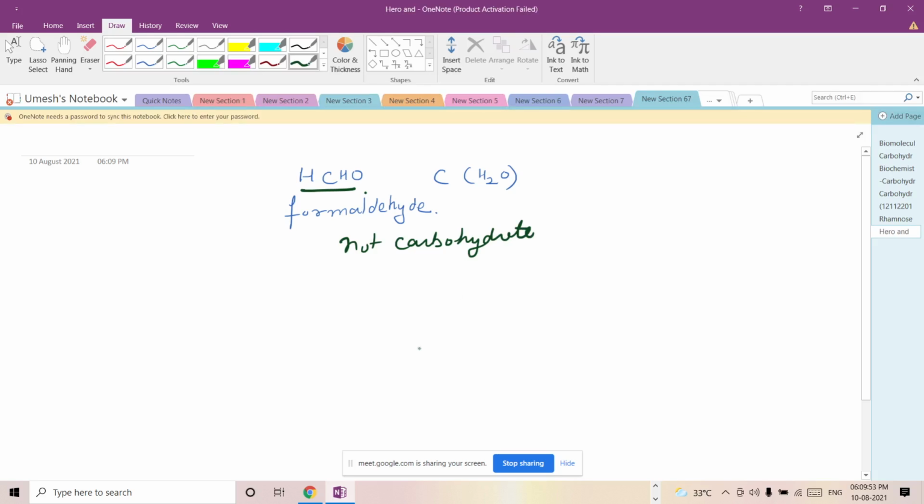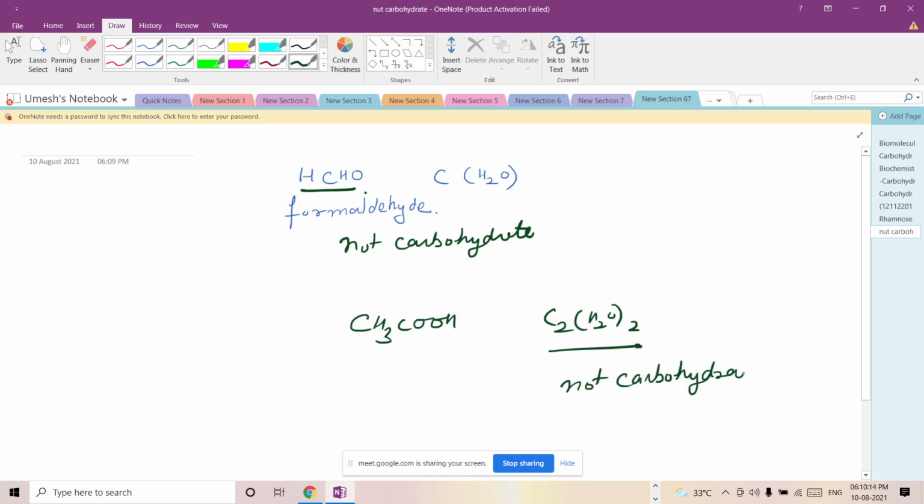Even though it fits into the definition, it is not a carbohydrate. Similarly, we have acetic acid, CH3COOH. It's C2(H2O)2. It is not a carbohydrate. Understood now?